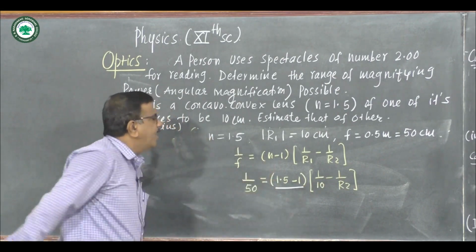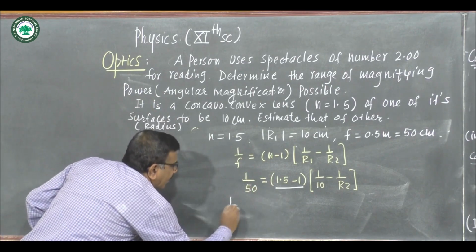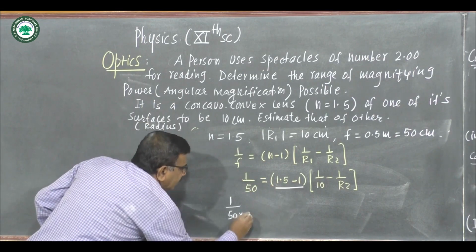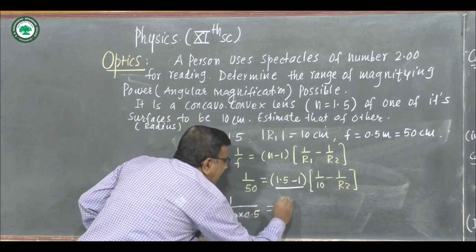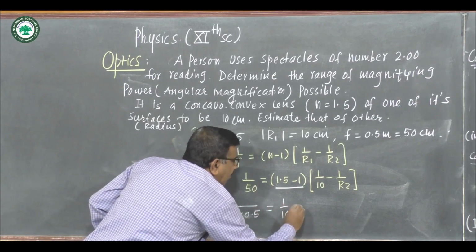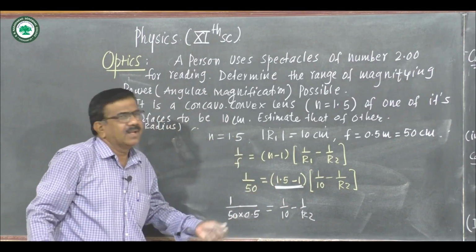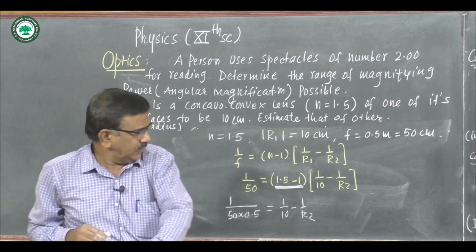This subtraction is 0.5, and so the next step is 1 upon 50 into 0.5.